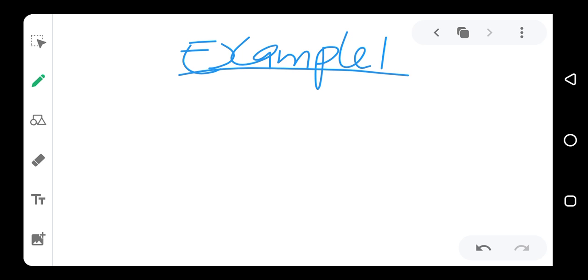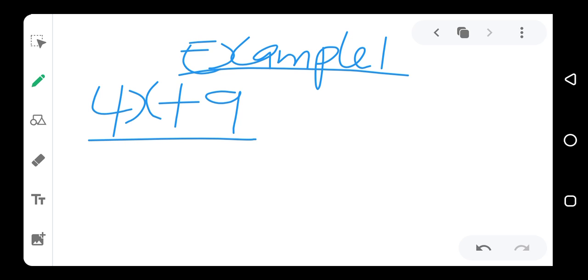If we have (4x + 9) divided by 2x, and we are asked to find the value of x which makes the fraction equal to 0. That we should find the value of x which makes this fraction equal to 0. Now, solution.